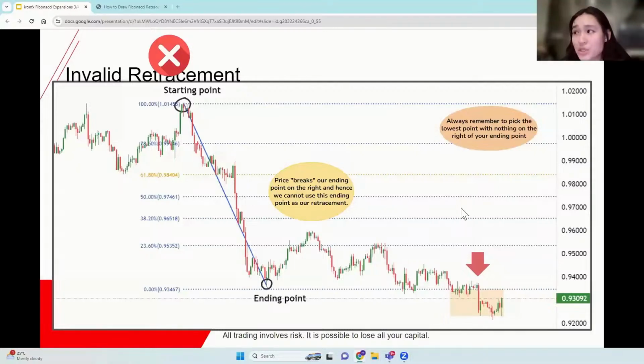So we want to always remember to pick the lowest point with nothing on the right of the ending point. Similarly, if the example is an uptrend instead of a downtrend, you want to look for something that doesn't have a higher point to the right of the ending point. Basically this example, but flipped.